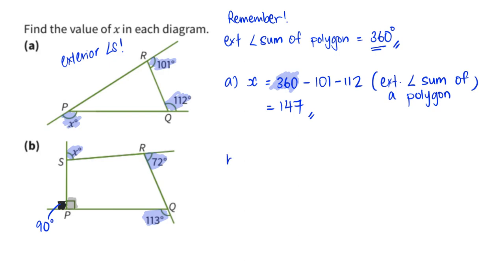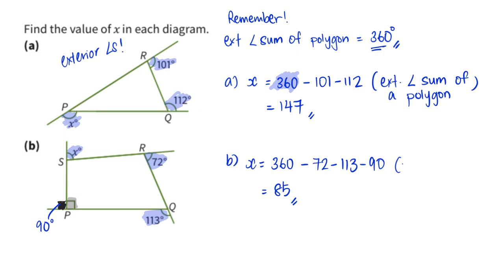And so for part B, x is 360 minus 72 minus 113 and minus 90 to give me 85.